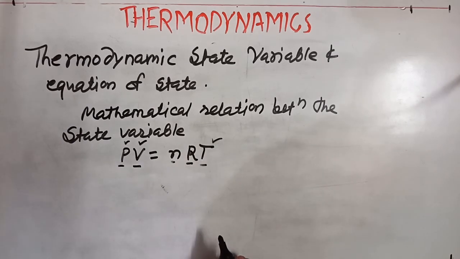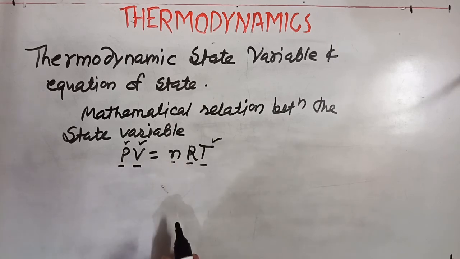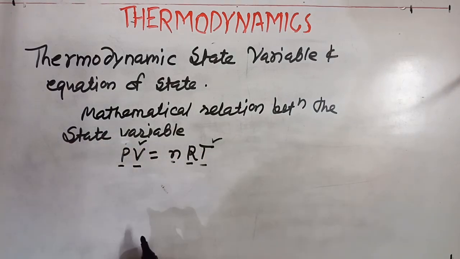It is not necessary that all the variables are independent variables. Only two of these three variables are independent, then we can find the third variable. Suppose we know the volume and temperature, then we can find the pressure.